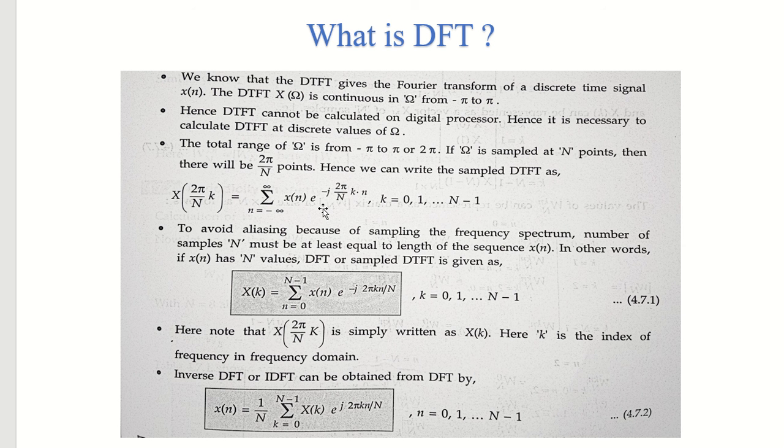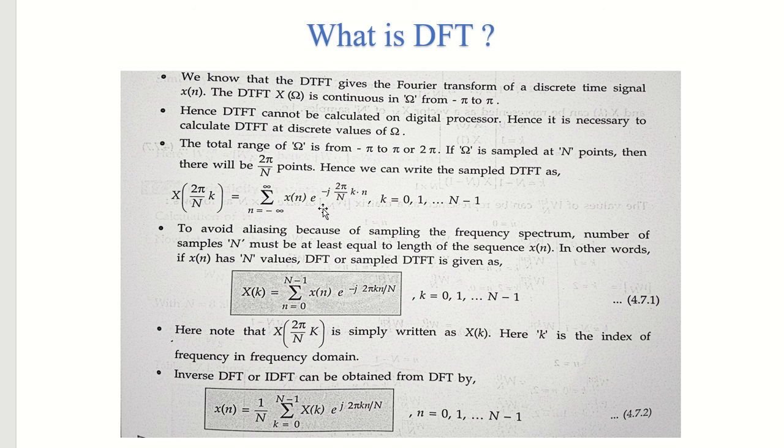So it is bad in signals as well. And to avoid this aliasing effect, because of the sampling of the frequency spectrum, the number of samples n must be at least equal to the length of the sequence x of n. That's the best way to avoid the aliasing effect.